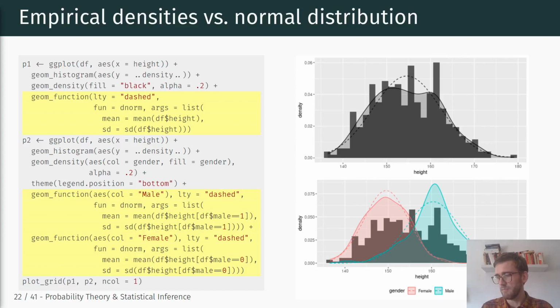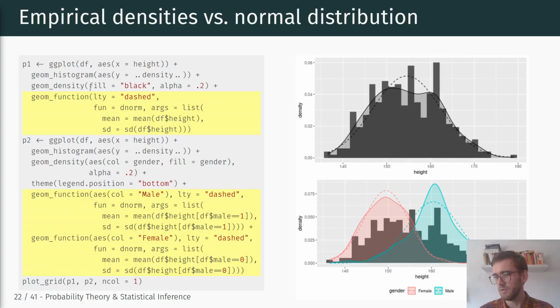We can do this by adding an additional geometric layer, where we add a theoretical density of a normal distribution with the specific mean and standard deviation that we observe in our actual height data.